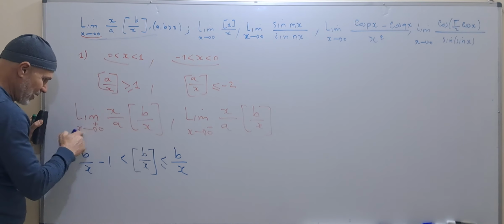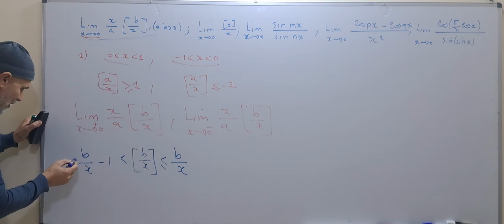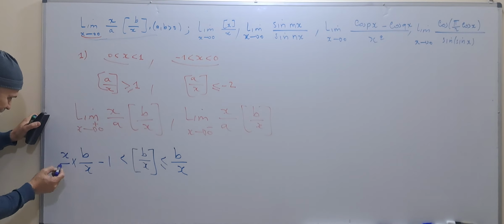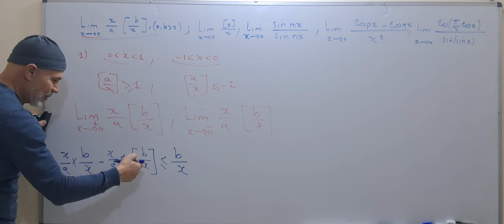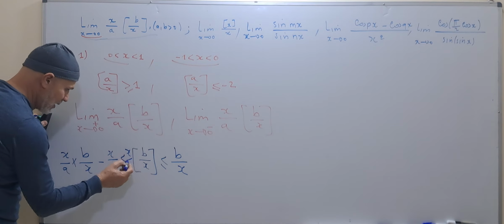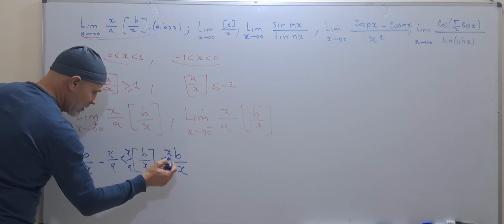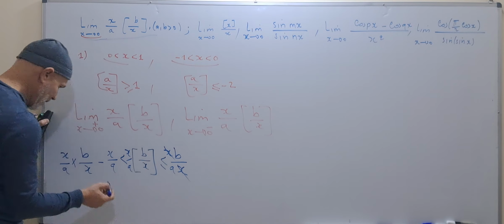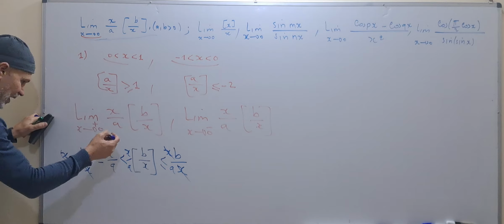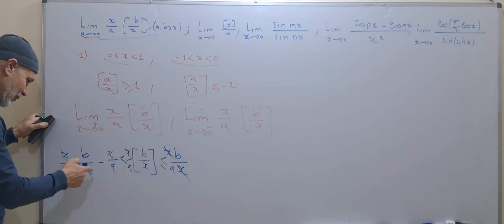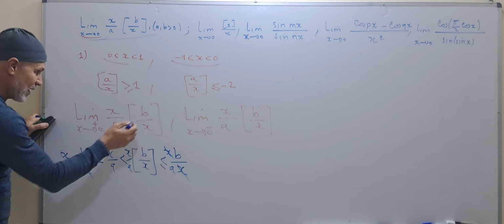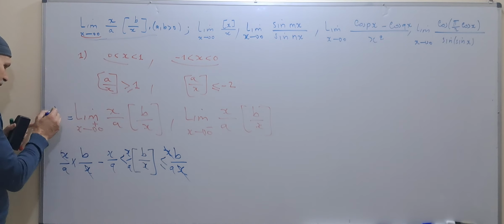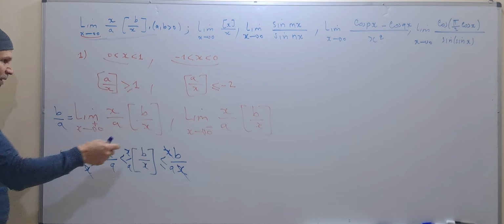Since x is positive and a is positive, if we multiply by x over a, we keep the same inequality. We can cancel, and when x goes to 0, this goes to 0, so the limit is equal to b over a.